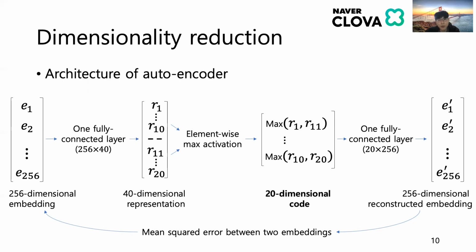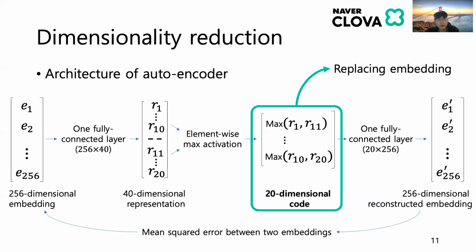The role of the MFM operation, implemented by element-wise max operation, is to extract and effectively compress information of speakers included in one session. Finally, the code from the autoencoder replaces the existing embedding vector after training the autoencoder.